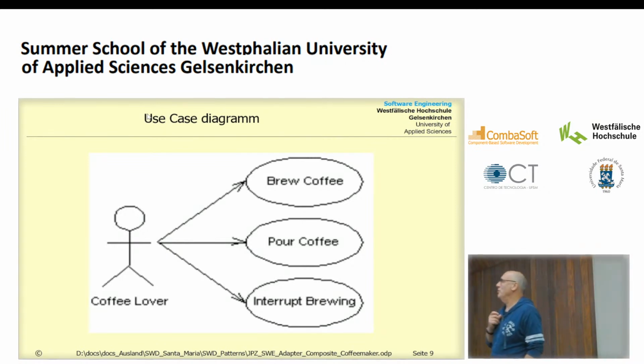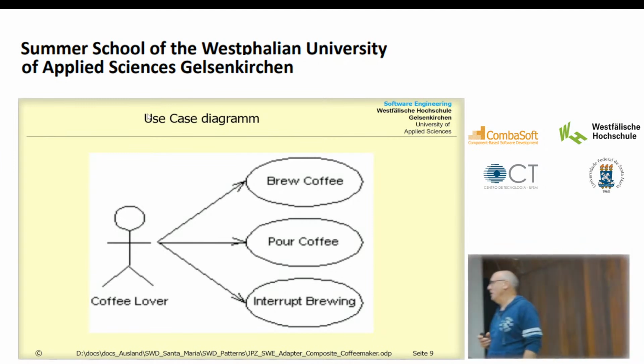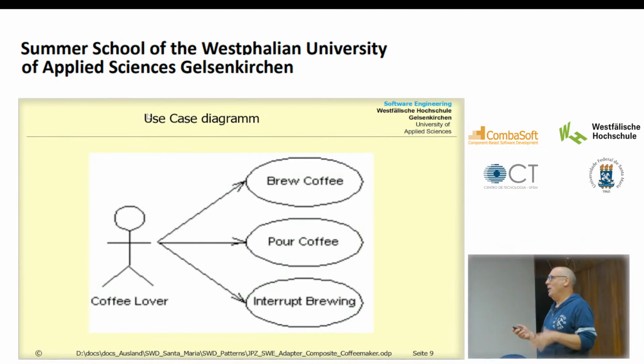Big advantages of the use case diagrams: use case diagrams are complete. If we have done it right, it's a complete description of the system. Class diagrams are complete. All classes of the system have to be on the class diagram.